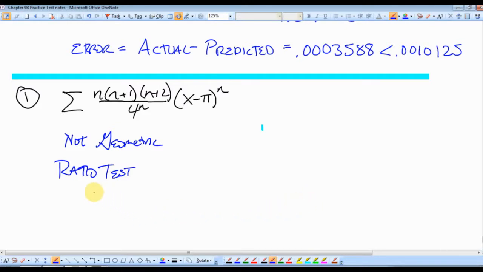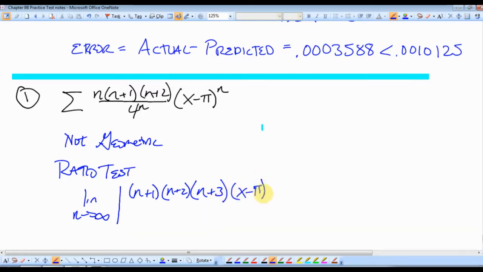Okay. So we're going to take the limit as n approaches infinity and change all the n's to n plus 1. Okay, n plus 1 is n plus 2. N plus 2 plus 1 is n plus 3. This is x minus pi to the n plus 1.